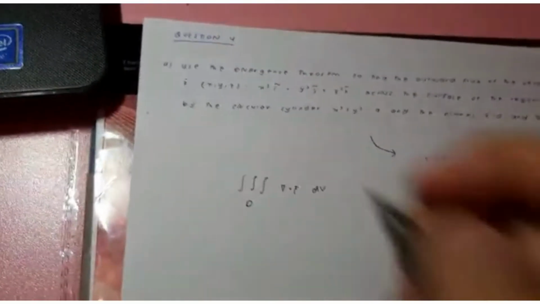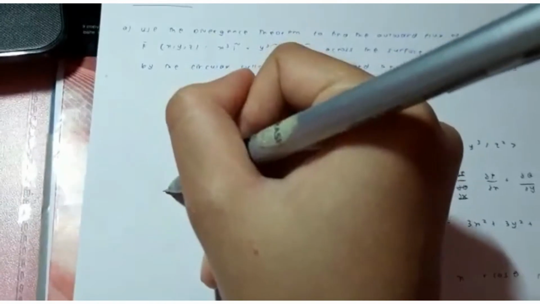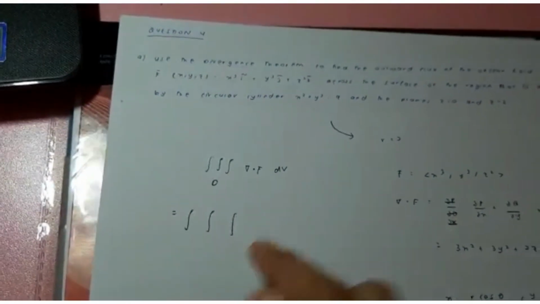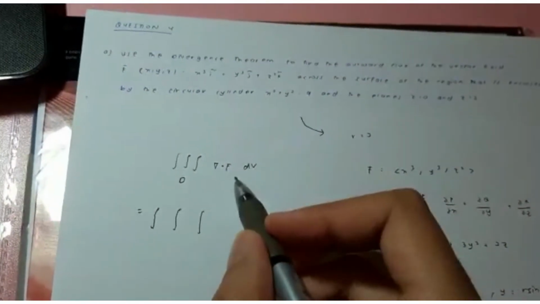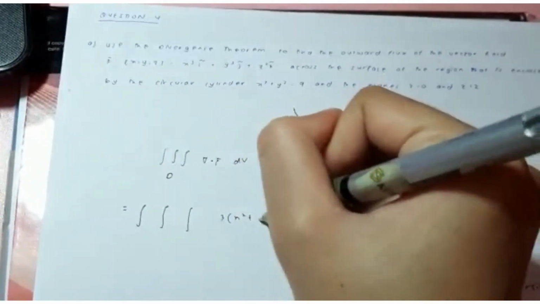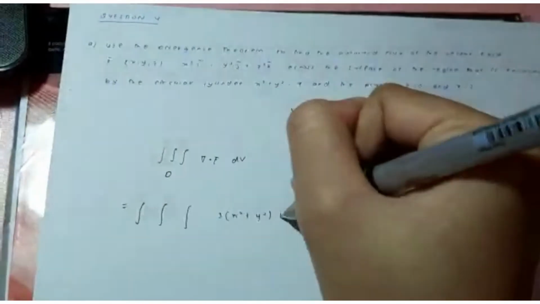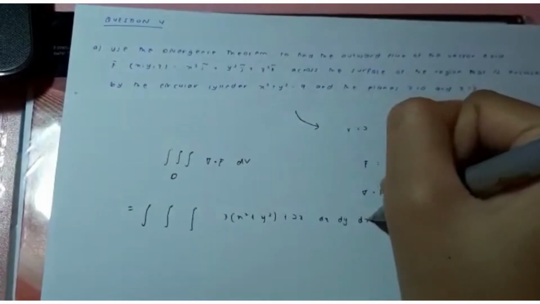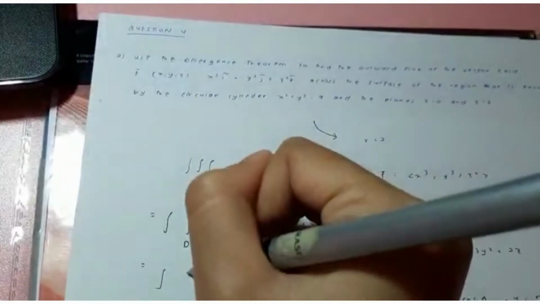So now we go to this formula. This is the region for x, y and z. Divergence of F we have got is 3x square plus 3y square plus 2z dz dy dx. So from here, this is region D. We can substitute the range for each x, y and z.